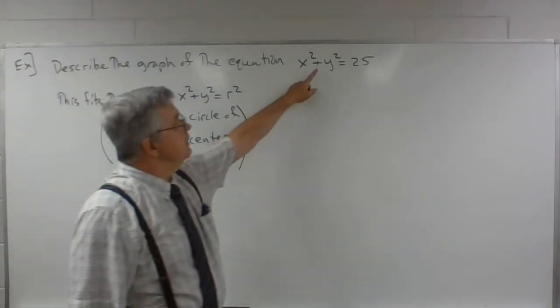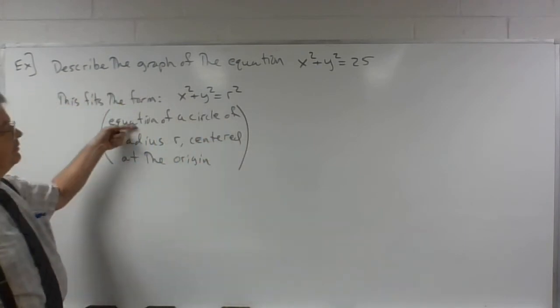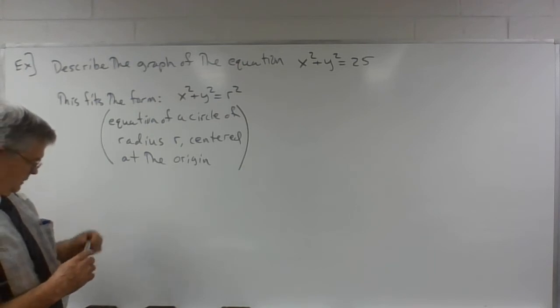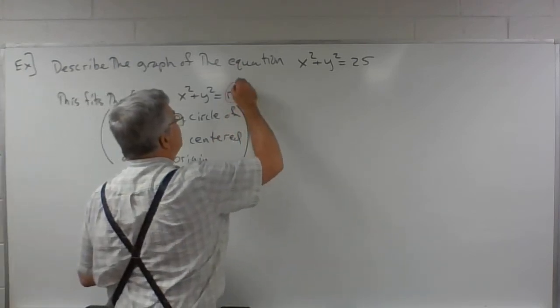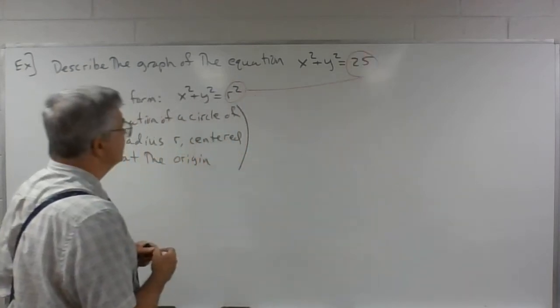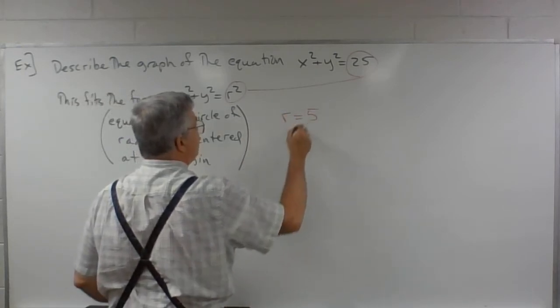The equation that we're given fits this form, which is the equation of a circle of radius r centered at the origin. So r squared must be 25, which means r has to be 5.